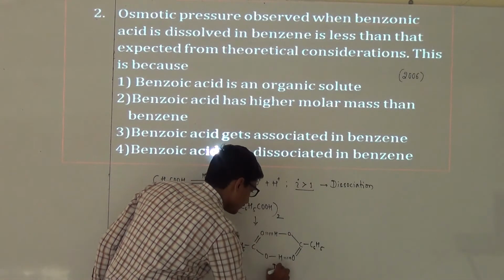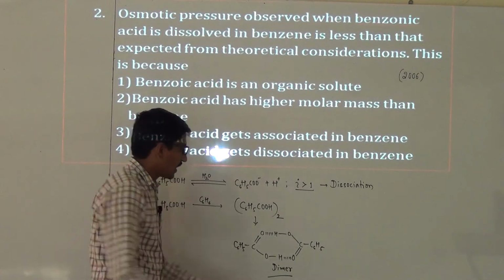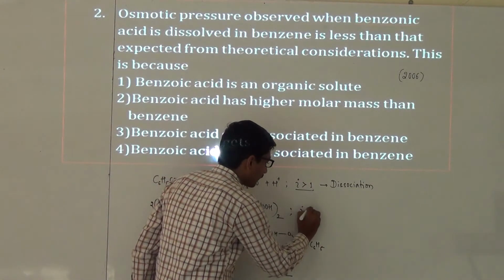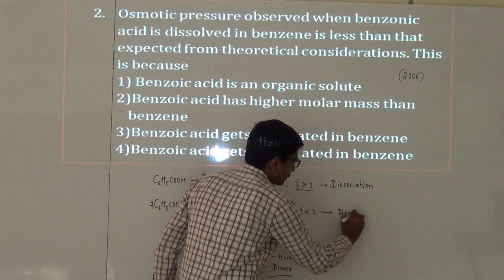This is the dimer of carboxylic acid, and the van't Hoff factor value is less than 1, there is an association.